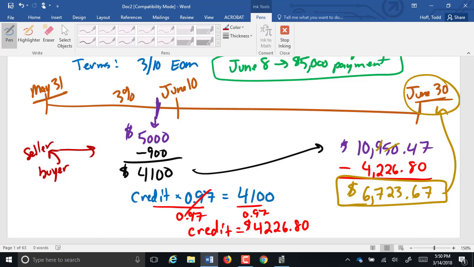So the shipping company got stuck with it. So now they don't usually put anything on the truck until they're paid. So the seller has to pay the freight no matter what, and the buyer will reimburse them for it.